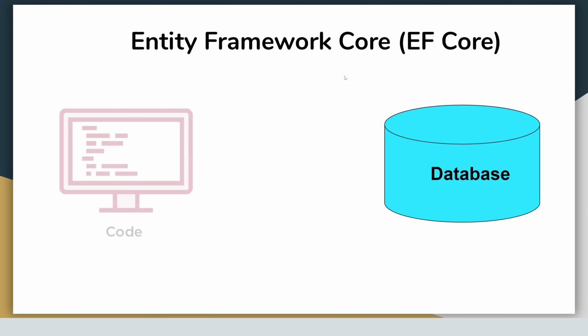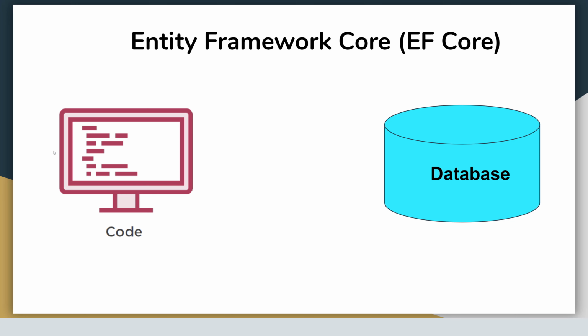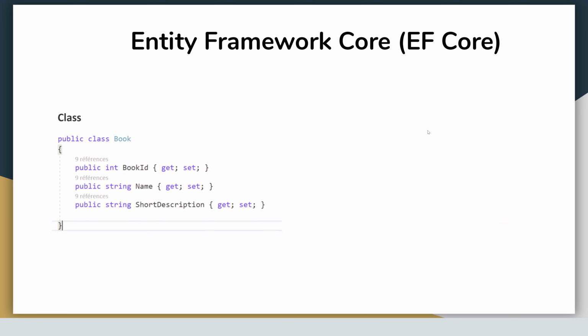So with Entity Framework, we have a database and we have our application. Entity Framework is the bridge between our application and the database. For example, we have a class in our library project. We have the class Book with different properties like the ID, the name, and a short description.